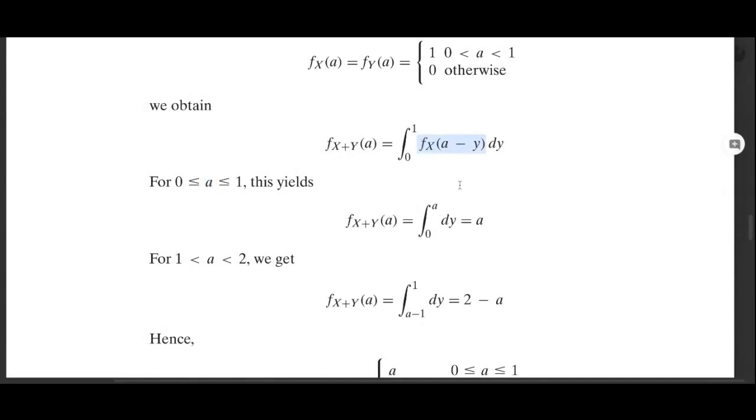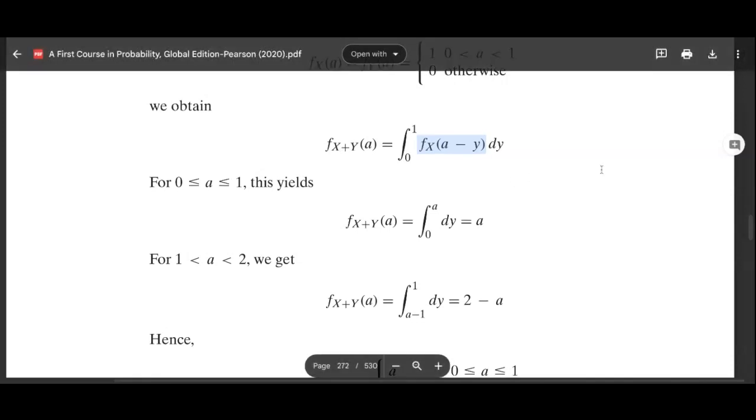So this is the same, because a is going from 0 to 1. Why is this true? Y goes from 0 to 1, a goes from 0 to 1.